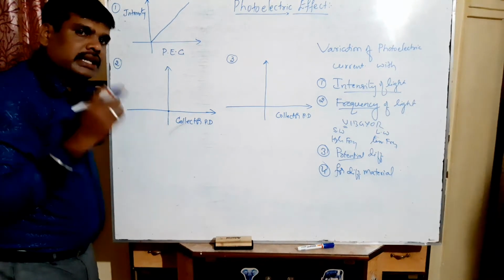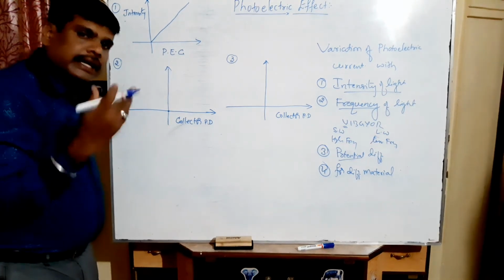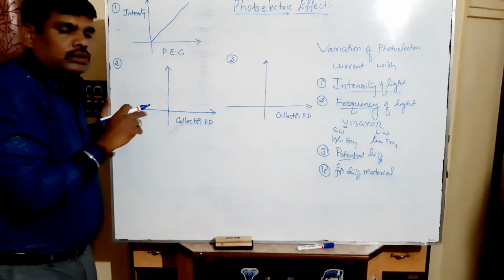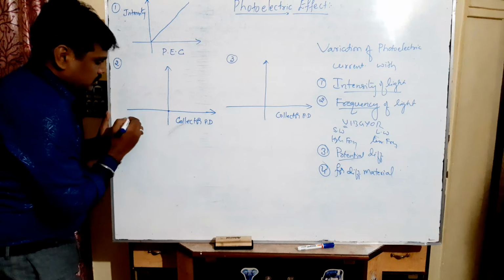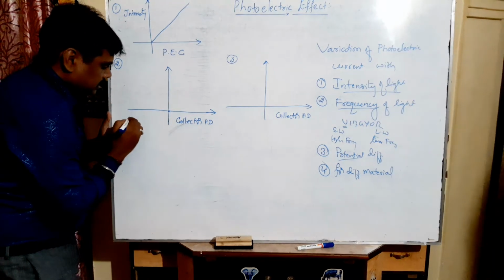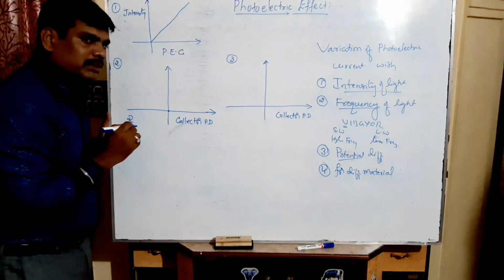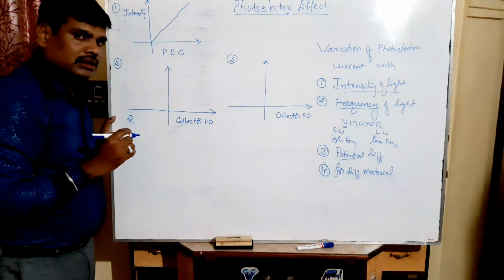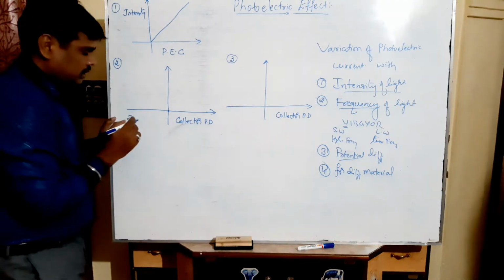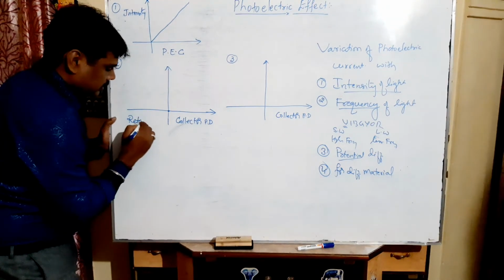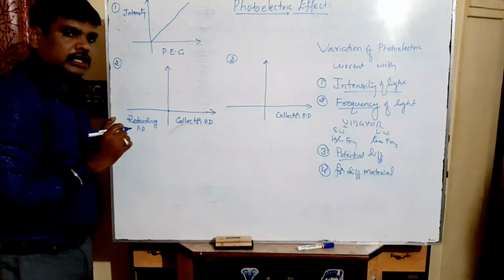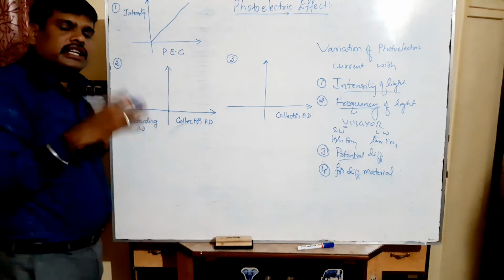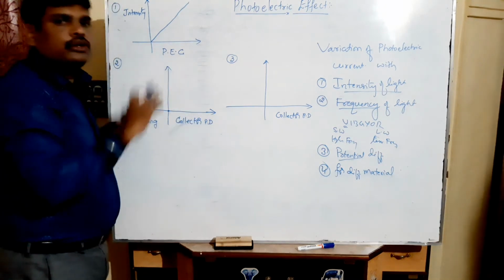Reverse means the collector becomes negative and the emitter becomes positive. At that time the electron movement will be stopped. So I will consider this the retarding potential difference. Retarding means reverse, opposite to that. We have just changed positive to negative and negative to positive.